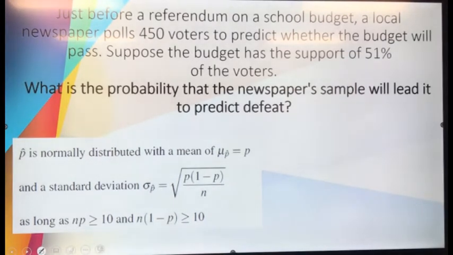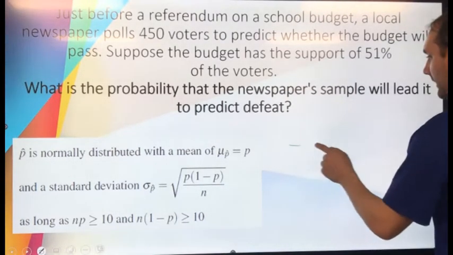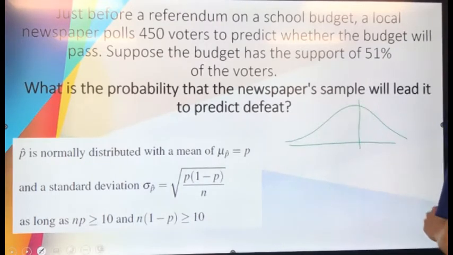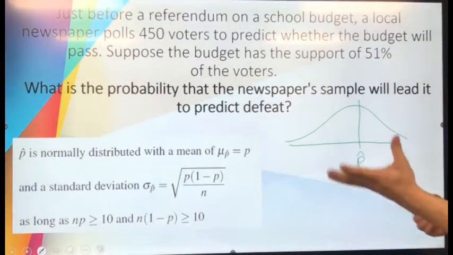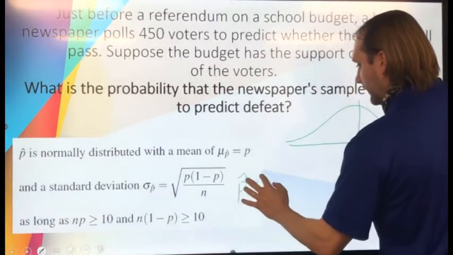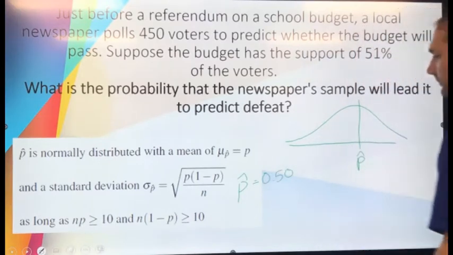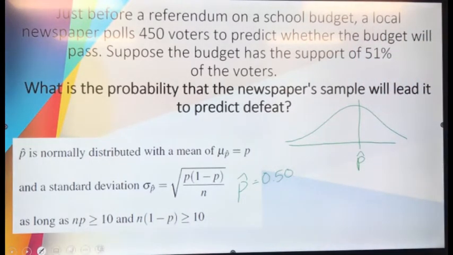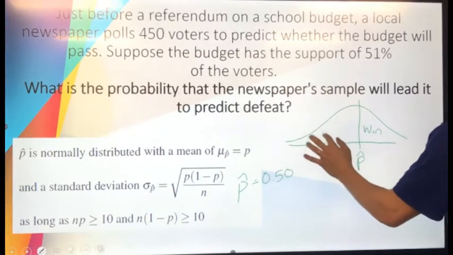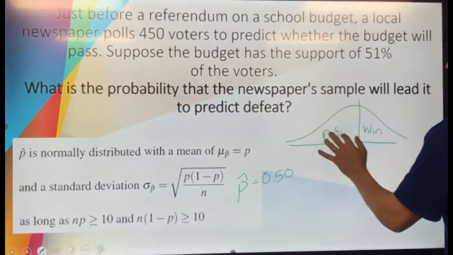That will lead to a defeat. So I have my normal model, with some average here, my p naught, which is yes or no, pass or no. So the p naught is going to be roughly a 50-50, so 0.50. That's what we can expect, 50% of the vote. So either will lead to a win or a defeat.